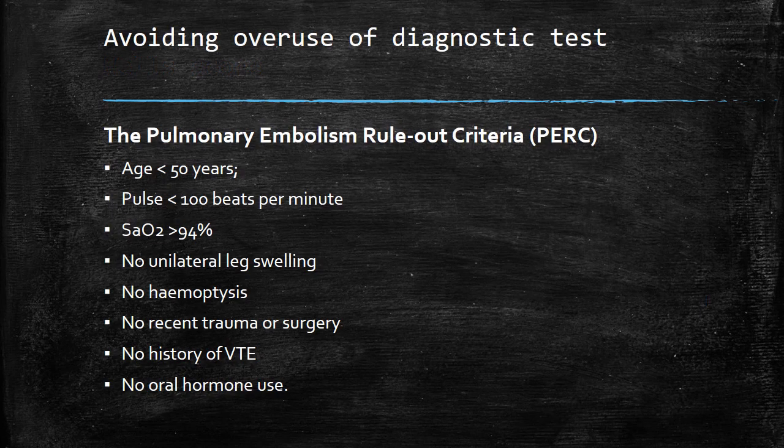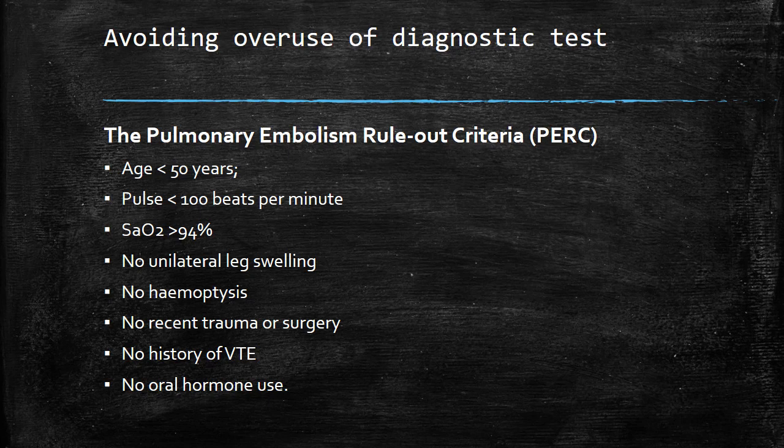Now, how can we avoid the overuse of diagnostic tests? With these signs and symptoms, and with having Geneva and Wells score in your clinical practice, we have to rule out whether there is pulmonary embolism or not, because if you are not going to rule it out, you are going to have multiple expensive tests and laboratory investigations which are really expensive for the patient, the hospital and the economy.